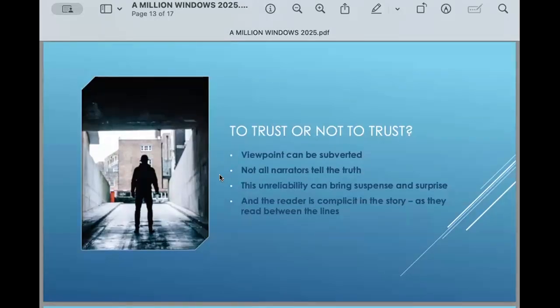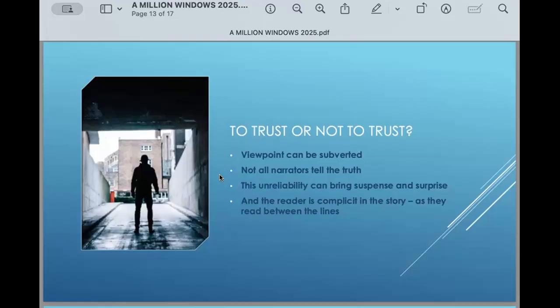But yeah, the reader's left wondering, can they trust this character? Because viewpoint can be subverted. Not all narrators tell the truth, whether they're doing this willingly or unconsciously. And this sense of unreliability can really bring an edge to your story. And what's really cool about this kind of technique, if you can pull it off, is that the reader is involved in the story.